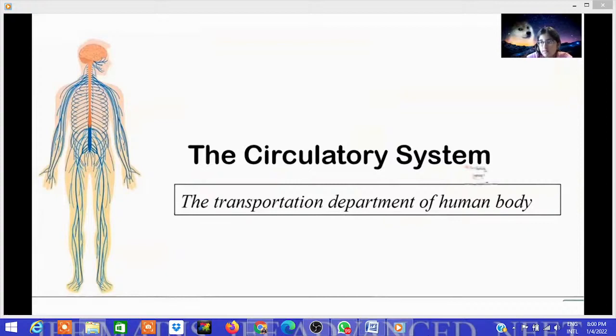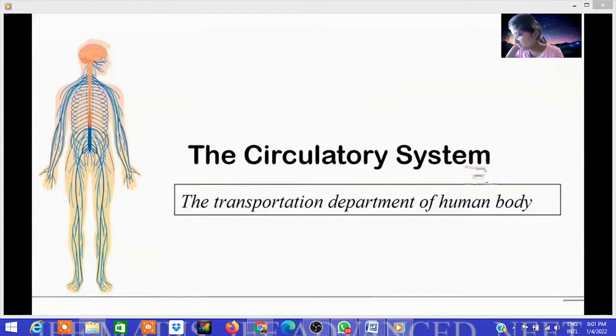We have different vehicles where people travel from one place to another place. In the same way, in our body, blood transfers from one place to another place. So the network, the transportation which allows that to happen, that is circulatory system. It is the transportation department of our human body.